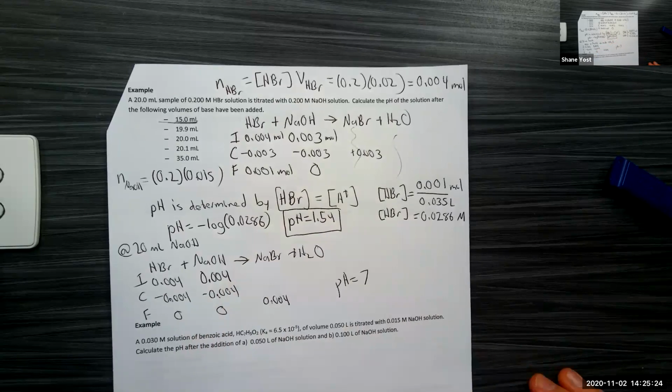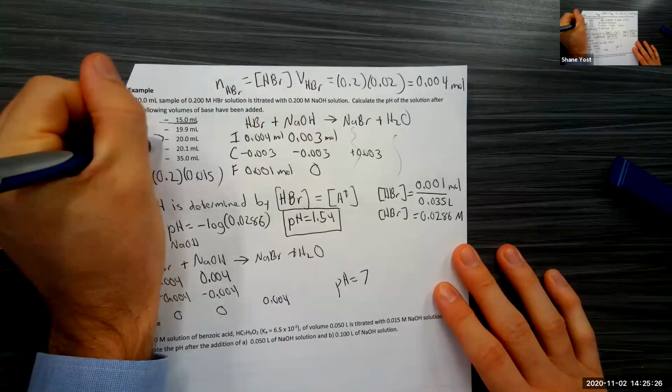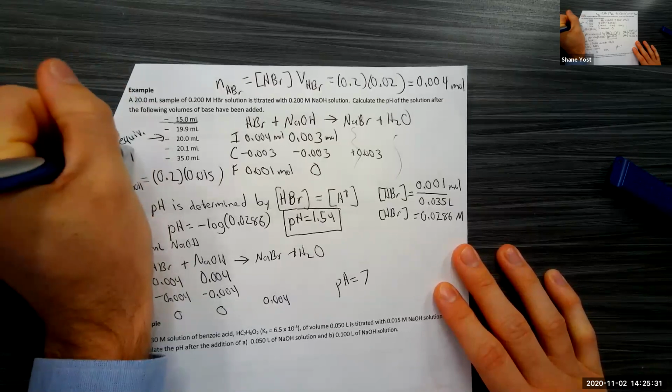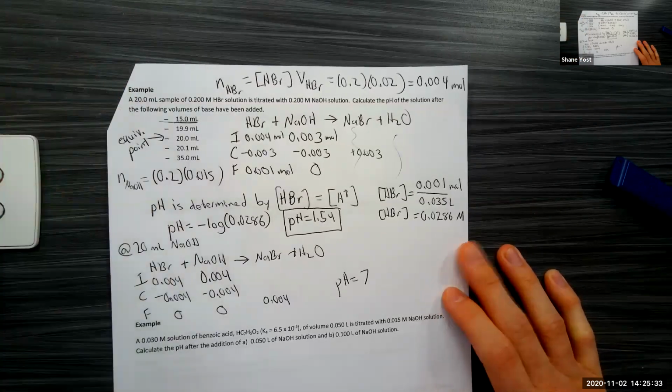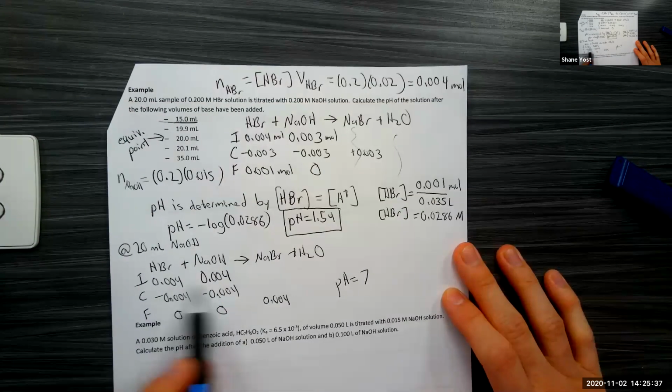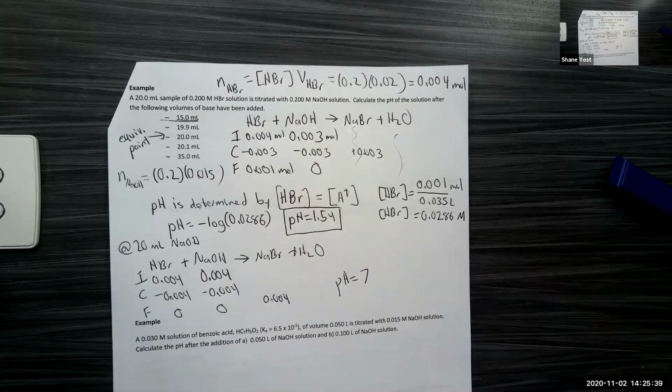And again, this 20 milliliters is defined as the equivalence point. My equivalence point is when I've added equal numbers of moles of my acid and base together. Now, it happens that I have equal volumes added, but that's because the concentrations of my acid and of my base equal each other.